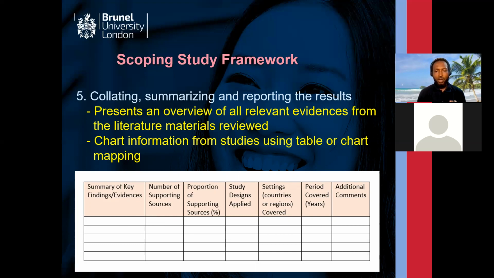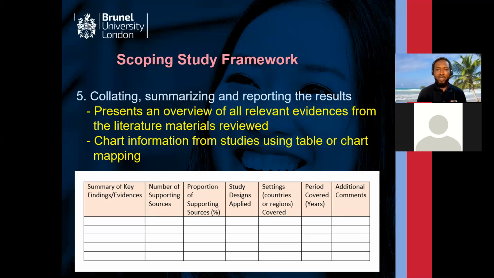So how many articles support this evidence, this general theme? And again, it's good to know that you can have several themes. It's a kind of exploration. You don't exactly know what you'll find, but all you know is that you have a research question you want to respond to. So you could have several findings, several pieces of evidence that respond to your research question. They must not be the same.